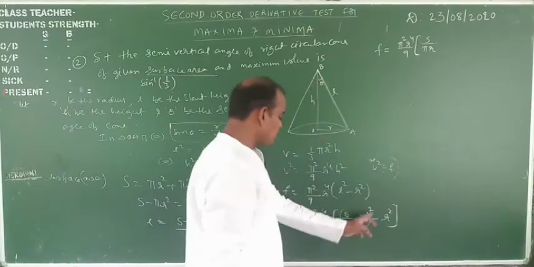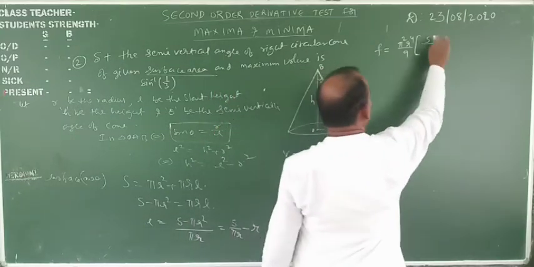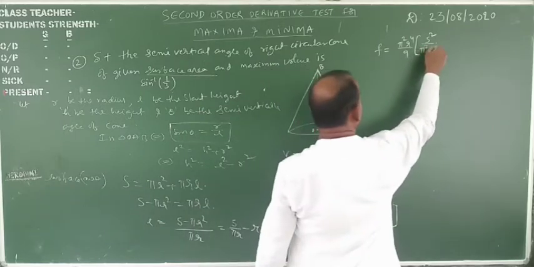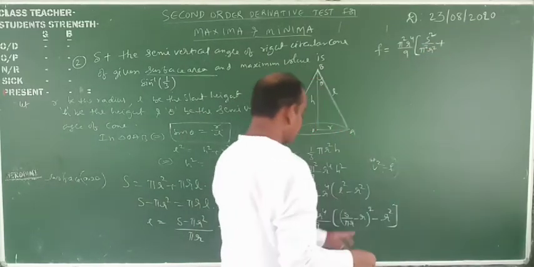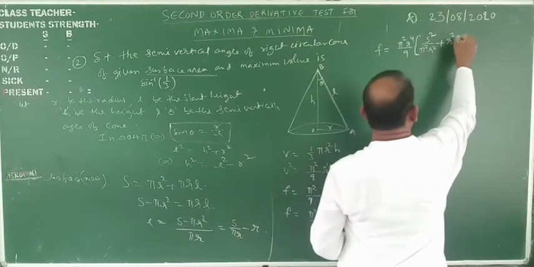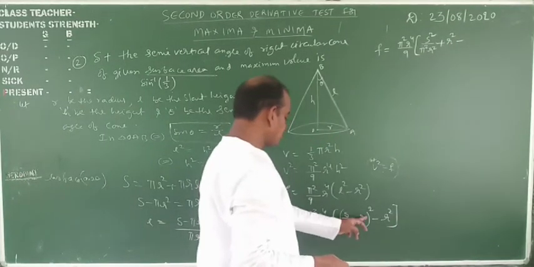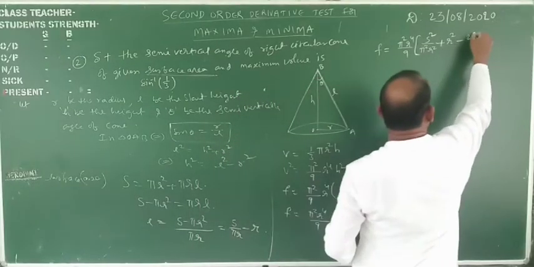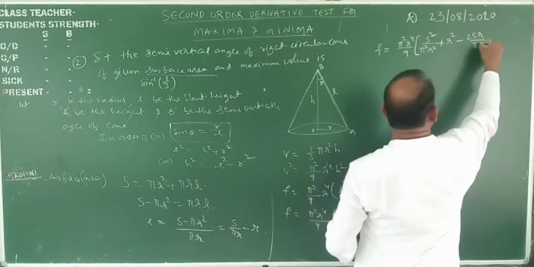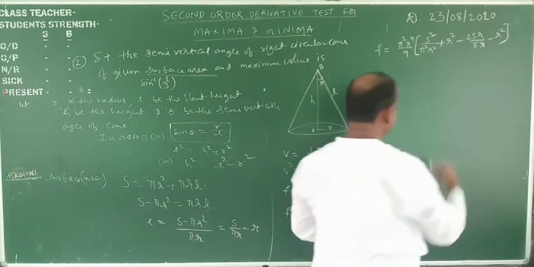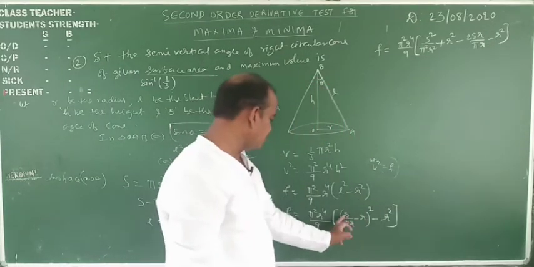This is the A minus B whole square formula: S square by pi square R square plus R square minus 2AB, which is 2 SR by pi R. Here minus R square is there.